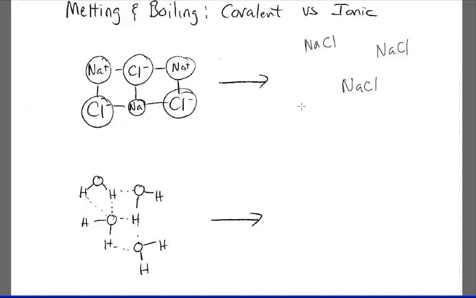You break the lattice in order to melt it. That's how it becomes liquid or, with enough heat, gas. Okay, so you're breaking ionic bonds if you melt or boil, which gives them very high melting points and boiling points.